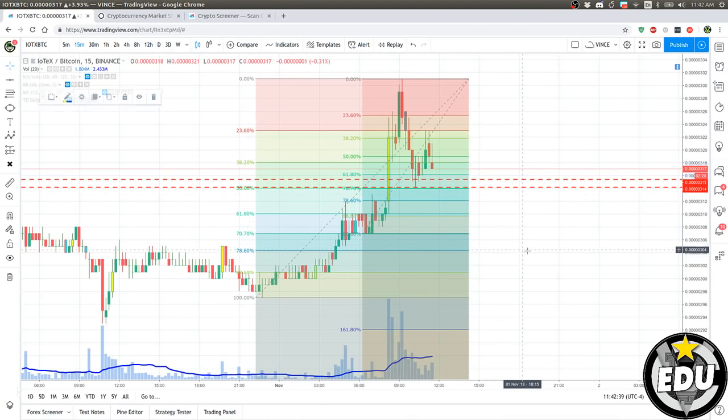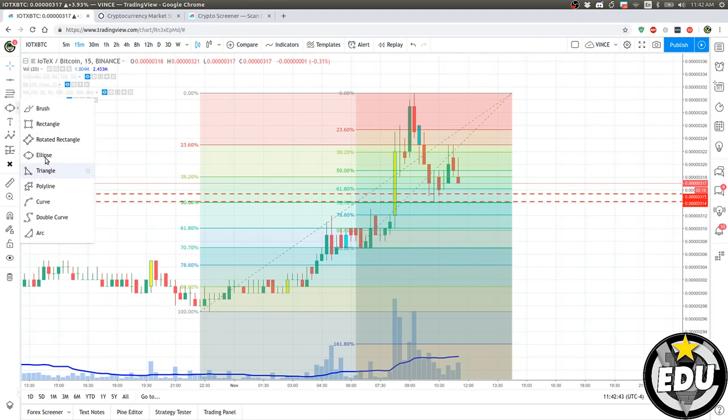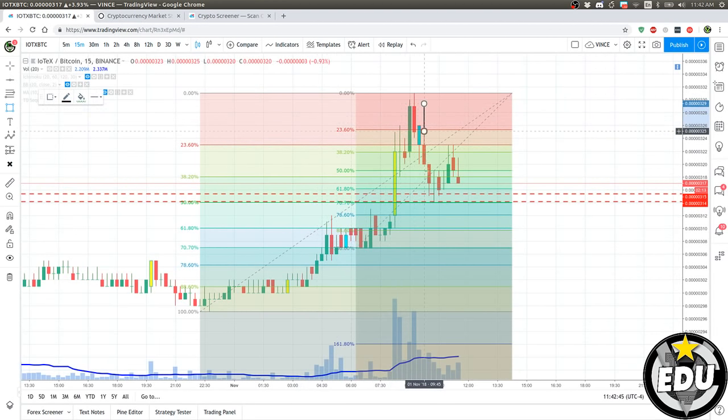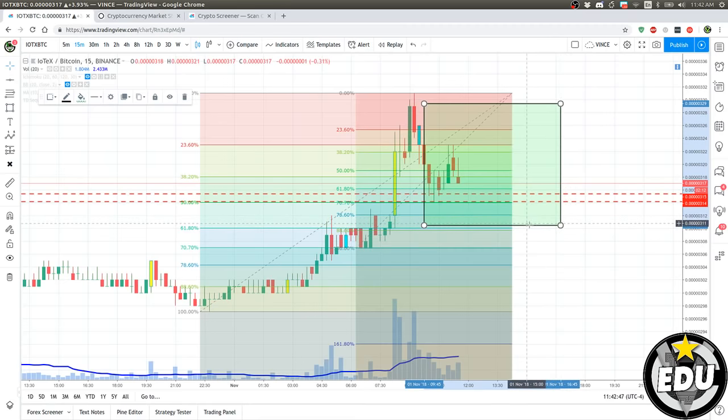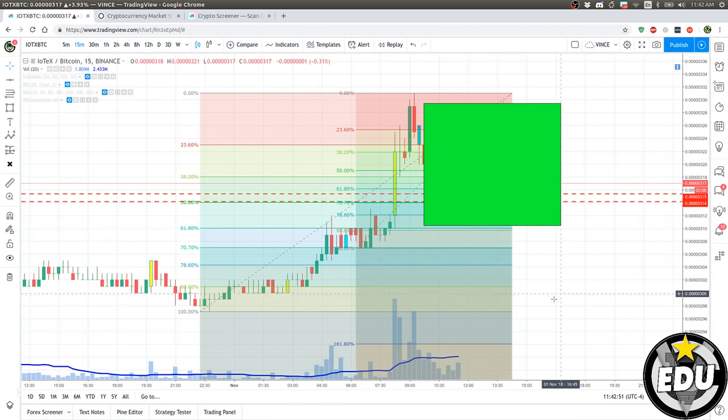So in this case, let's make an example here. So we trace this pattern here, and we have noticed three pushes that might not be three Elliott waves, but are still three waves, and every wave had a little retracement.